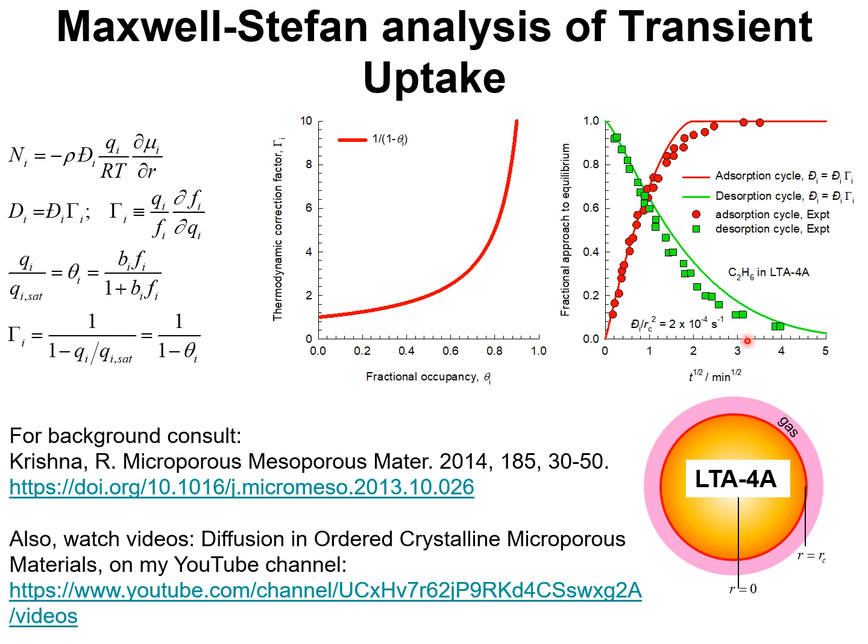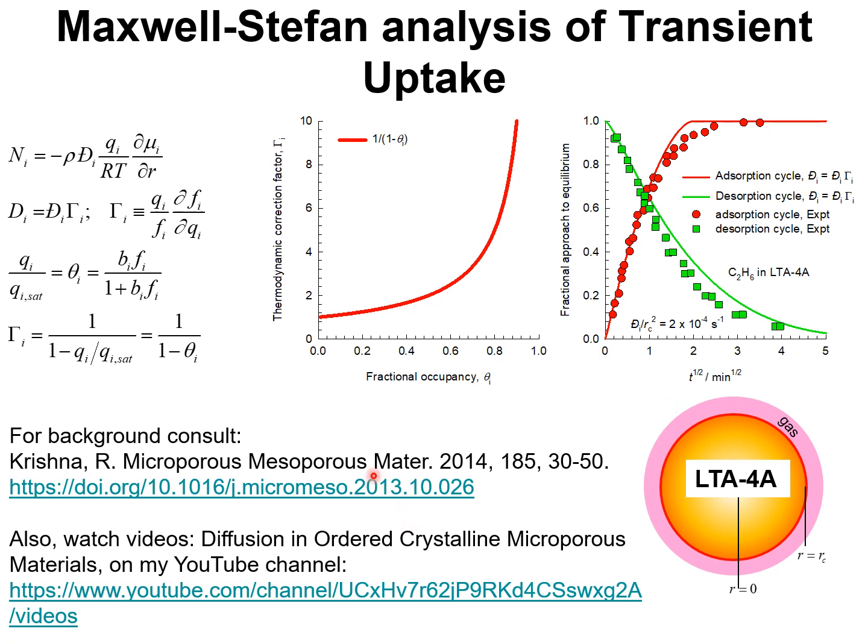The asymmetry is engendered by the behavior of the thermodynamic correction factor. Taking due account of thermodynamic corrections, both adsorption and desorption cycles can be described by a unique value of the Maxwell-Stefan diffusivity divided by r_c squared equals 2 times 10⁻⁴.